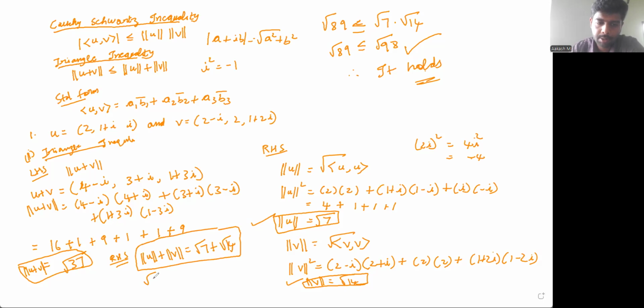So your left-hand side is root 37 and your right-hand side is root 7 plus root 14. From this we can say your RHS is dominant. Therefore, it holds. Okay. So like this, you have to prove the inequalities. Thank you.